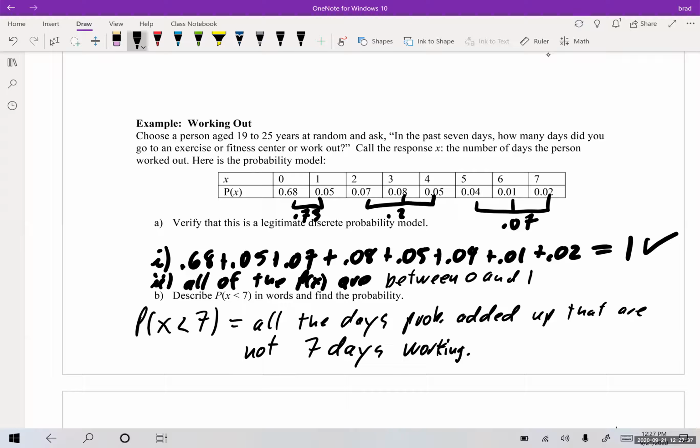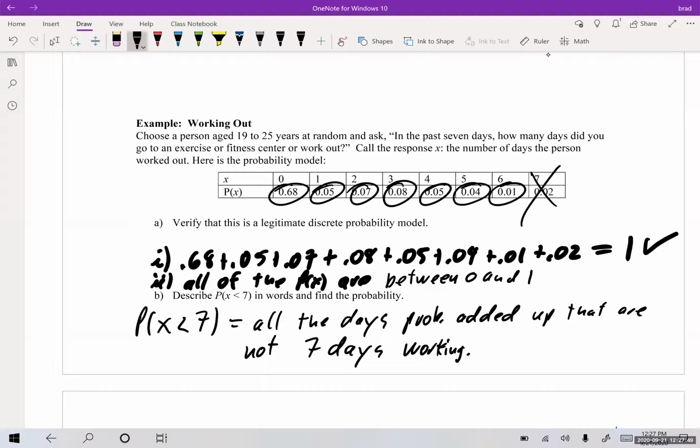Okay, so think about this. That means we have to add up this probability, this probability, this probability, this probability, this probability, this probability, and this. We don't add up this one because that's 7 days, not less than 7. So that would mean we do 0.68, or I could just do 1 minus 0.02, which is the one we don't use, right? And that'll give me the rest of the probability, so it'd be 0.98.